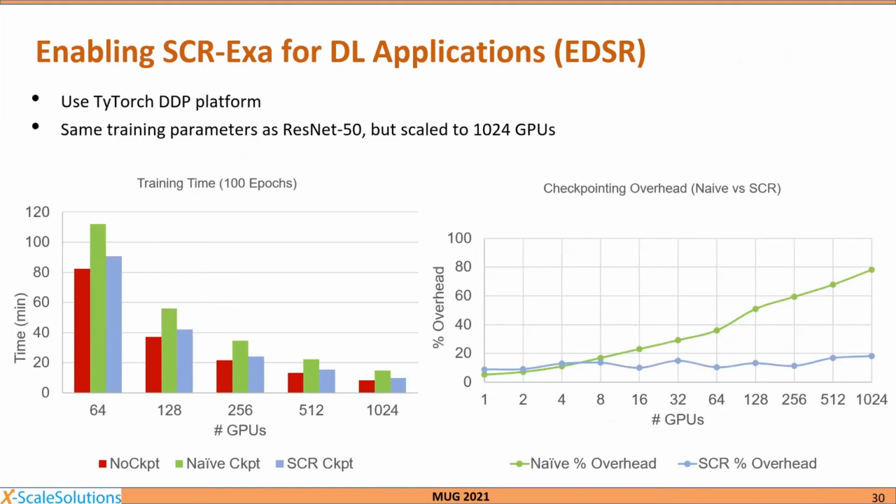Now let's look at another DL application. Here we have more precise computing and, actually, a bigger data size. And as it turns out, we also run on a larger system size, which we scaled to 1K GPU devices.